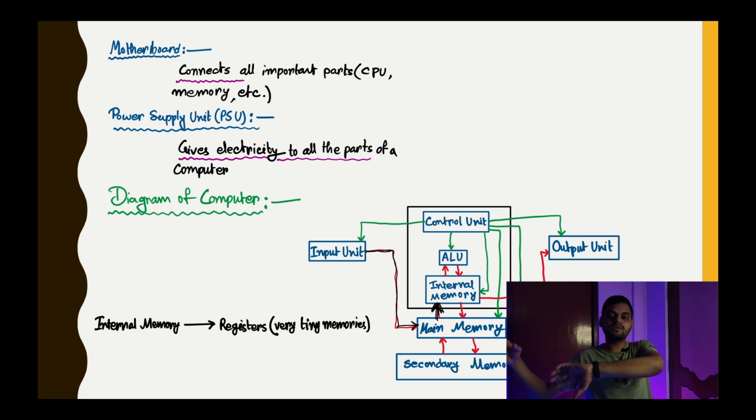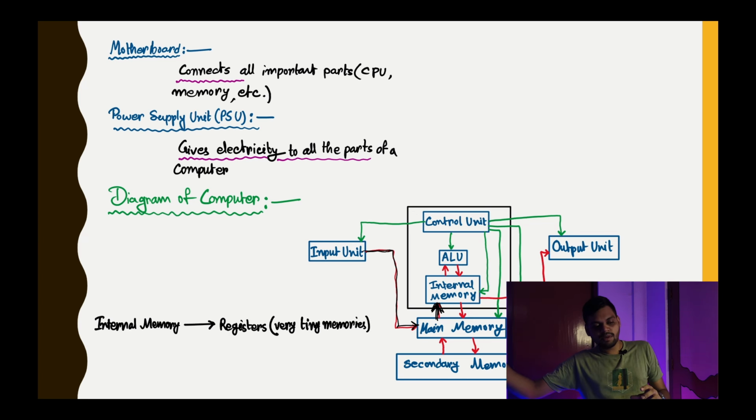For performing various tasks, the data is taken out of the memory registers and put inside the ALU. In the ALU, the operations are performed. After performing those operations, the data is again stored in the memory registers.